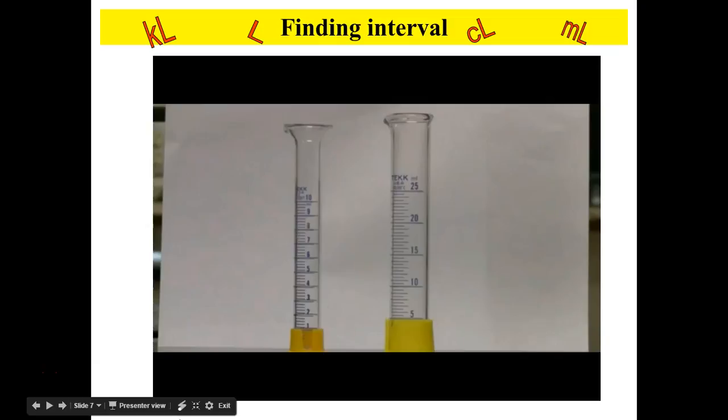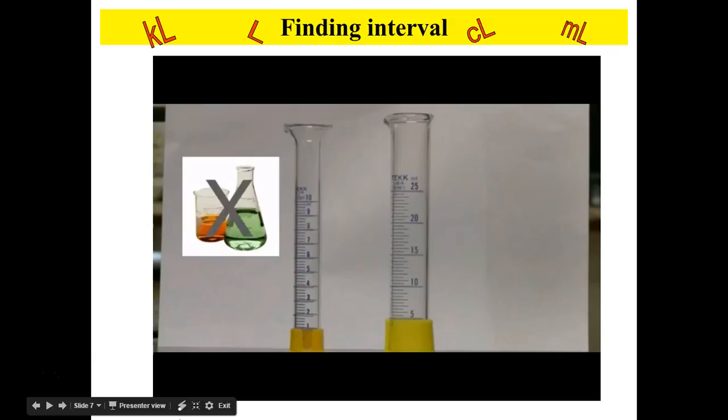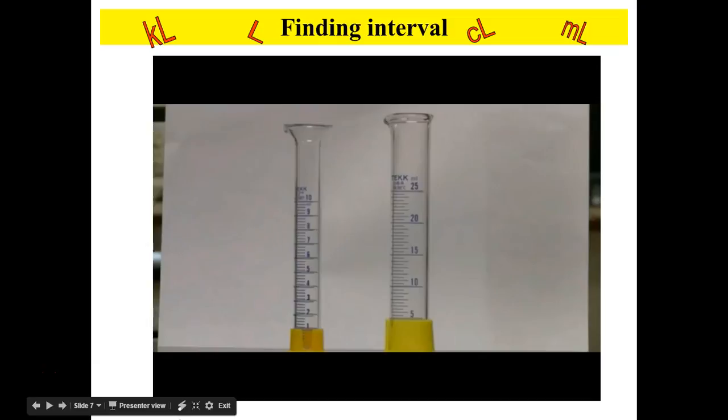You do not want to use a beaker or a flask because those aren't calibrated to measure liquids accurately. So stay away from beakers and flasks. I know they have hash marks on them, but those aren't as accurate and precise as a graduated cylinder. Those are just general estimations. So if we look at our two graduated cylinders here, we have a large one and we have a small one.